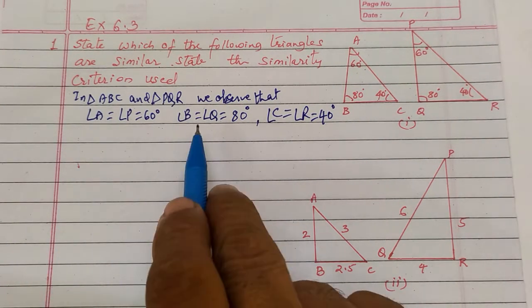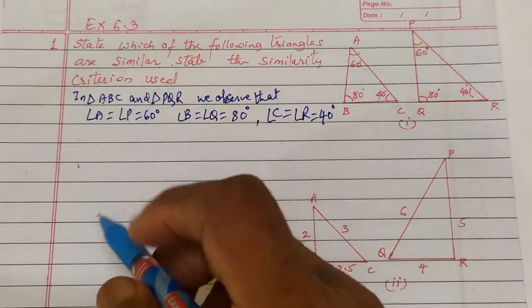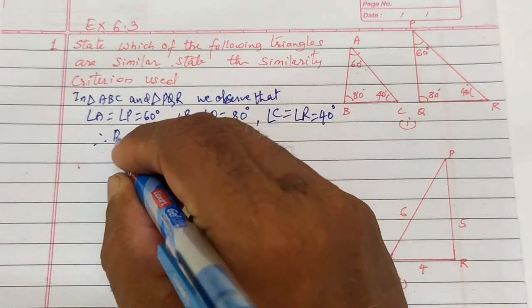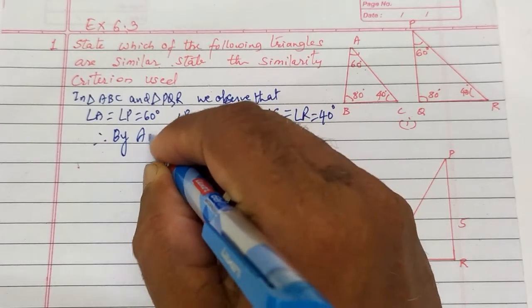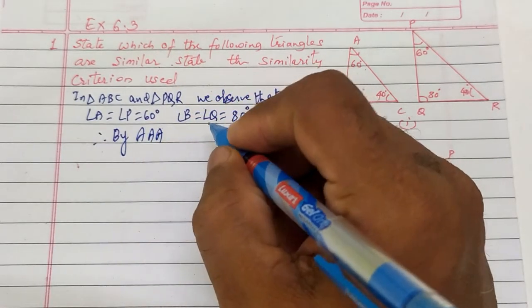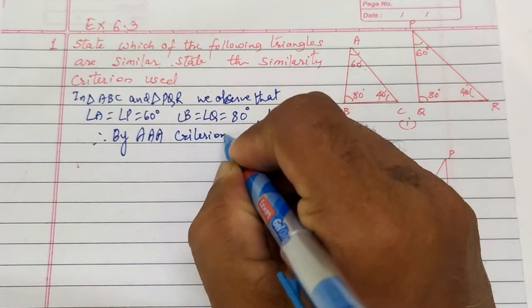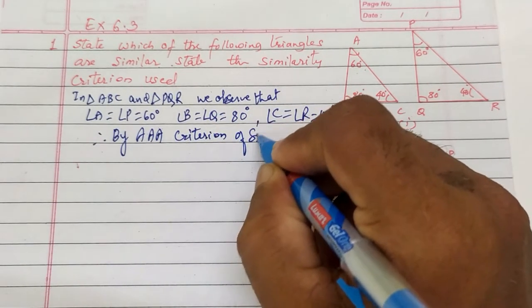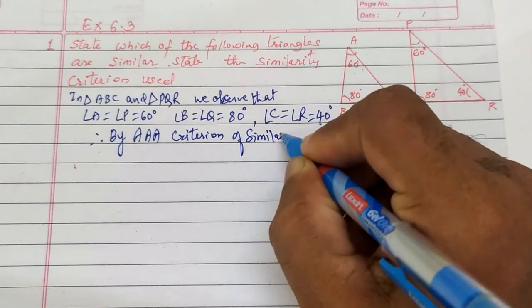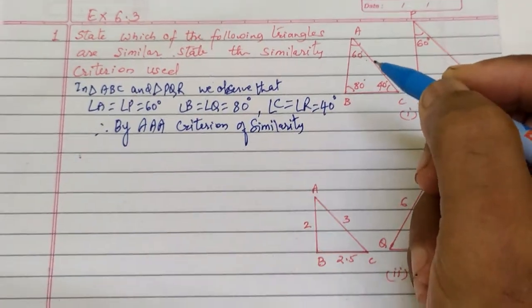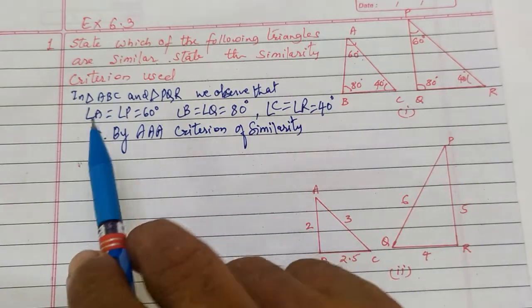So therefore by AAA criterion of similarity, we'll write down in that order only.